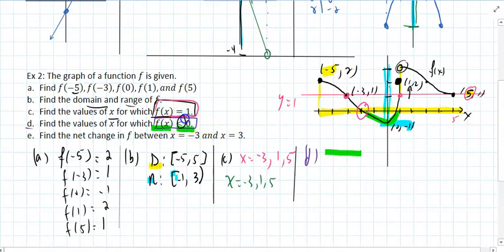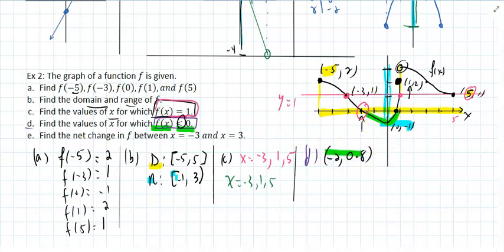And since it's not included, that would be from negative 2 all the way to, what does that look like? I'm going to say that's about 0.8. Not sure what that is.